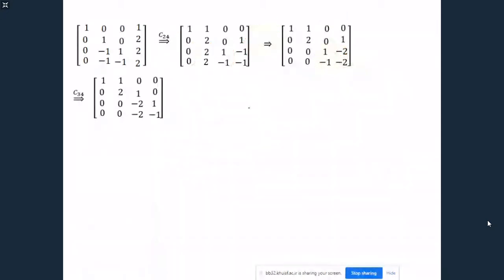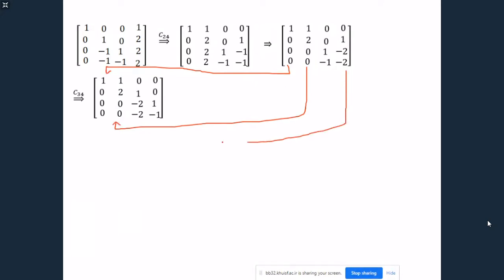So this column is here. This column is here. The fourth column goes to the third one, and third column will go to the last one.